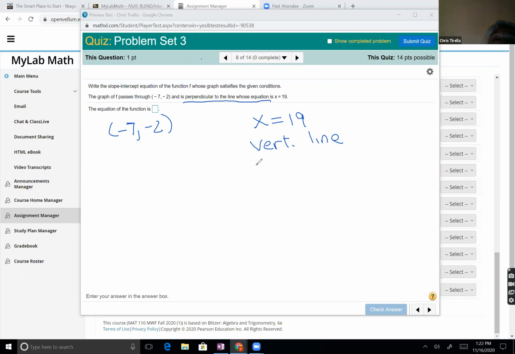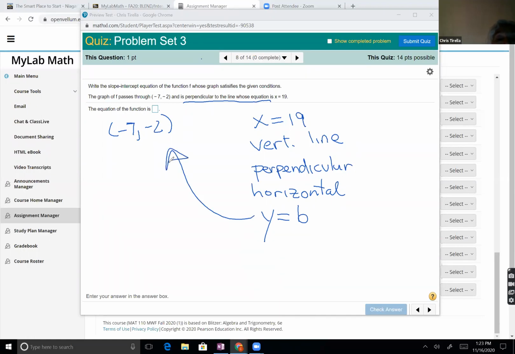And so perpendicular would be a horizontal line. Horizontal line would have as its equation y equals some number. And if it's going through that point, it would have to be y equals -2.